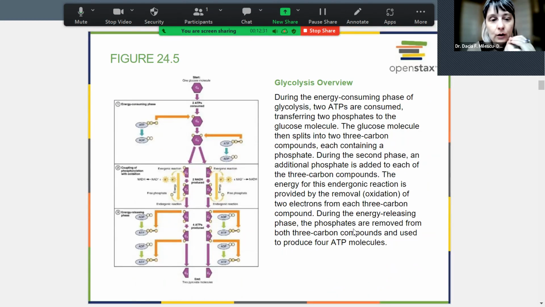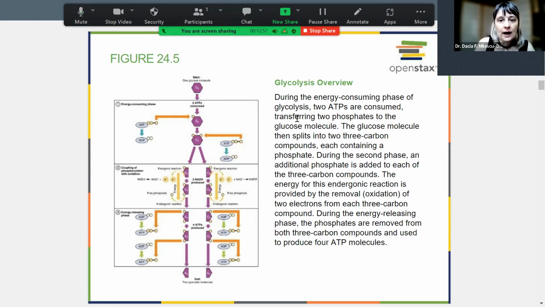Now, let's talk about the glycolysis overview. So glycolysis overview is basically that you have energy consumption. So we're going to consume and use up the ATPs that started from that original glucose. So you can see here you have 1 glucose molecule, 2 ATPs are consumed.